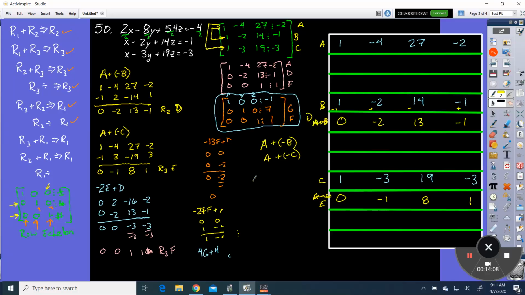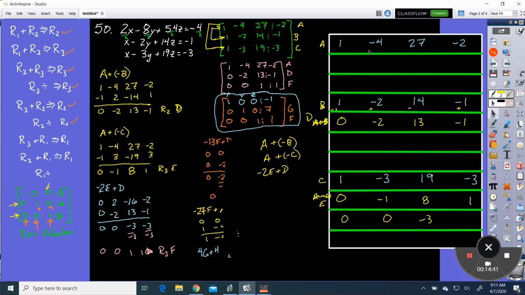I'm going to go -2 times E and add it to D. So 0 plus 0 is 0. -2 times this, negative times negative makes a positive, adds it to that. So you know that's going to be 0. I could have just written it. That's the whole idea, but just to make sure. -2 times 8 is -16. Plus 13 is -3. -2 times 1 is -2. Combines with the -1 to make -3.